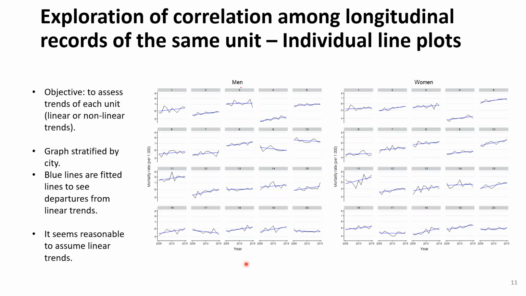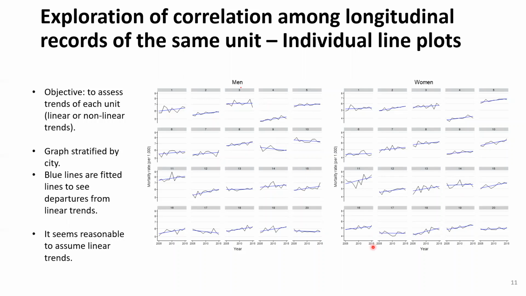So as a whole, as a country, what is a general trend? Let's compare across cities. And as you can see here, we see increasing trend in many cities for both men and women, but in some cities we see some decline.